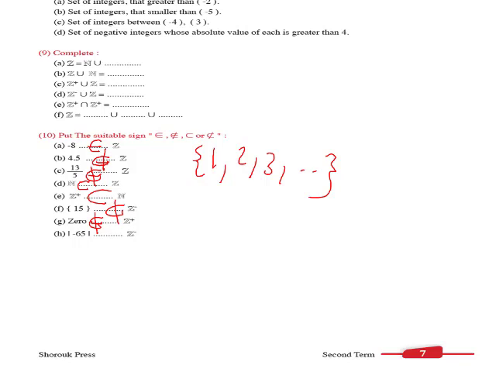And the absolute value of negative 65 equals 65 and does not belong to Z negative.